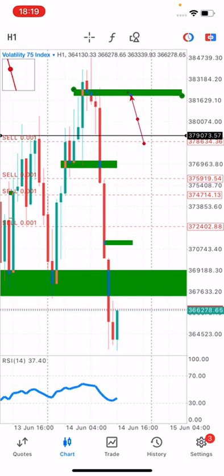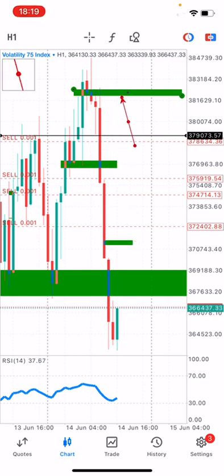This would be another entry for a sell, but it means you have to be patient until the market comes here. When the market starts rejecting, a possible entry again could be this side. Obviously this one won't hold for a long term. For a long-term sell, it must confirm here, right?